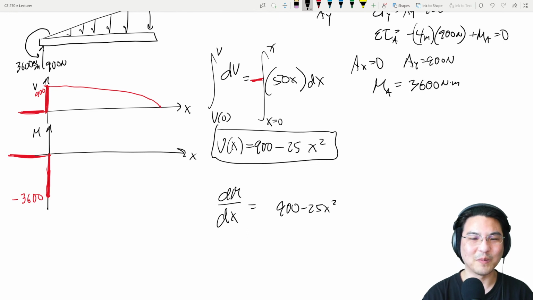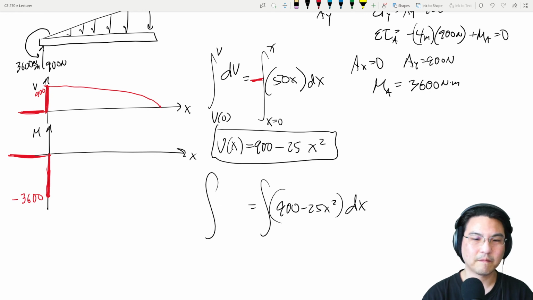So move dx over here and then integrate both sides from 0 to some other x between 0 and 6.